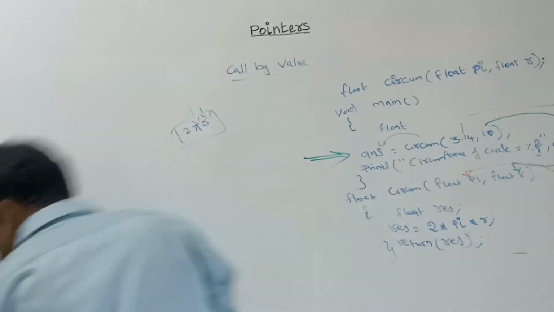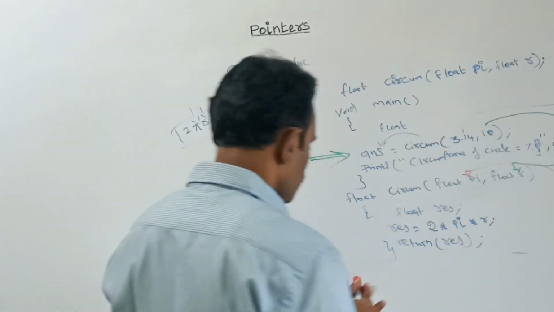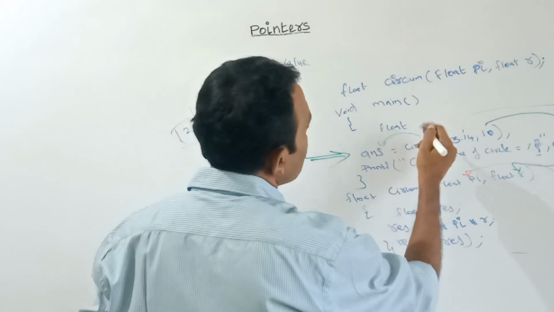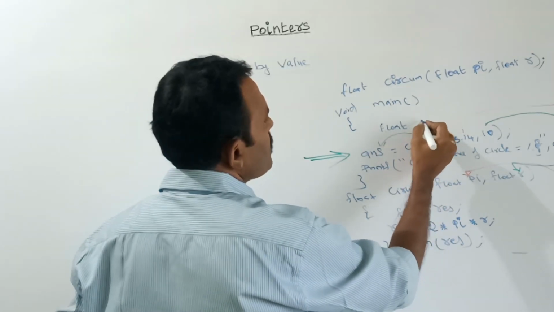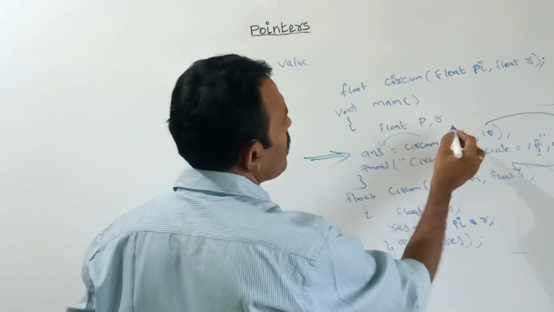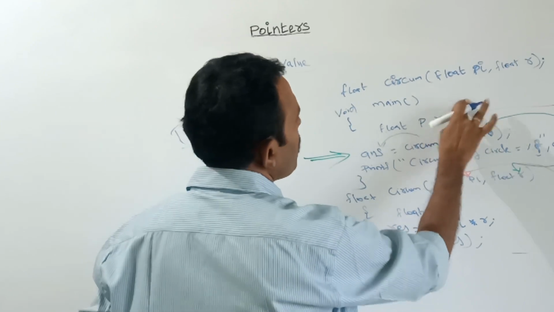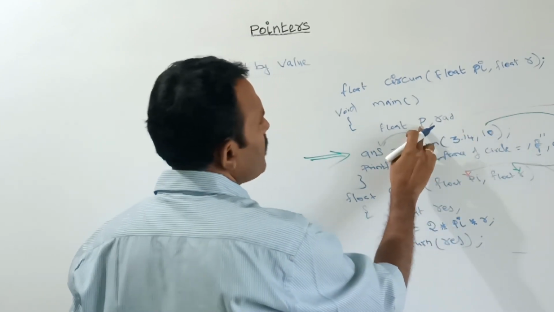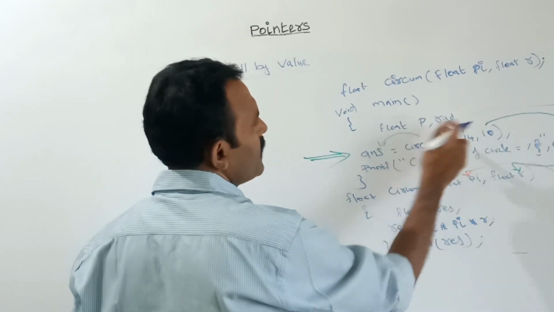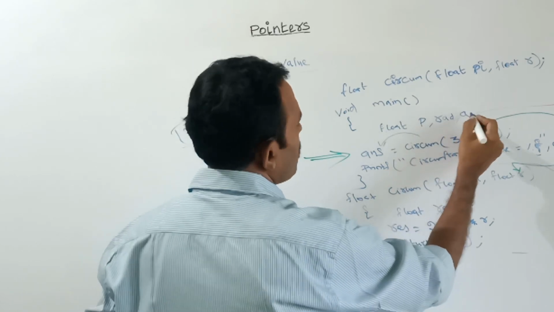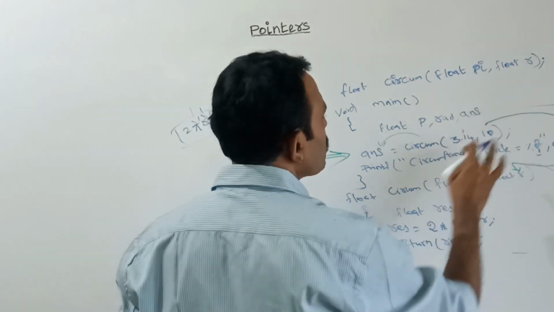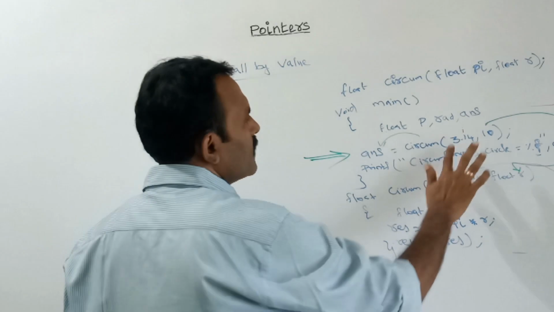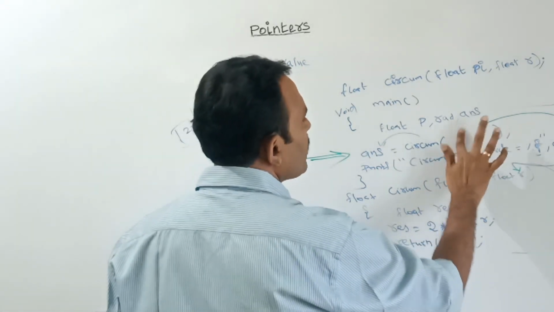See, let us assume float here. For radius, rad, and for the pi value I have declared the variable name as p. Next, answer, ans. Instead of giving values, we can give variables like this also.